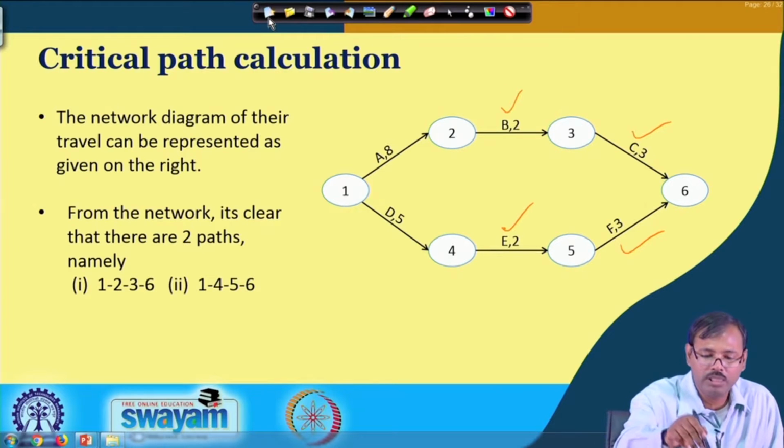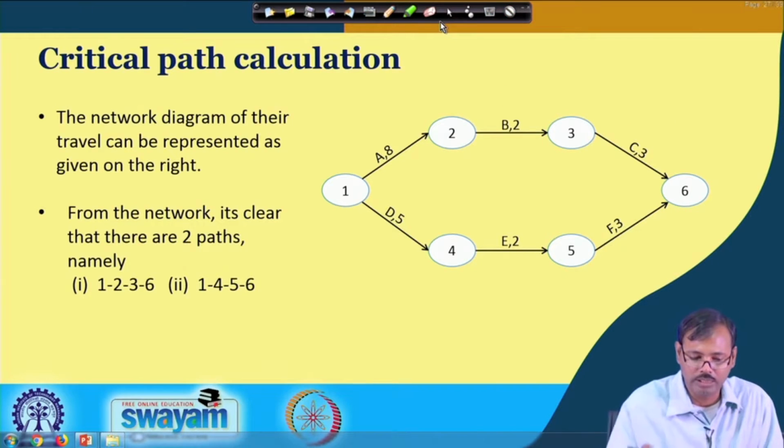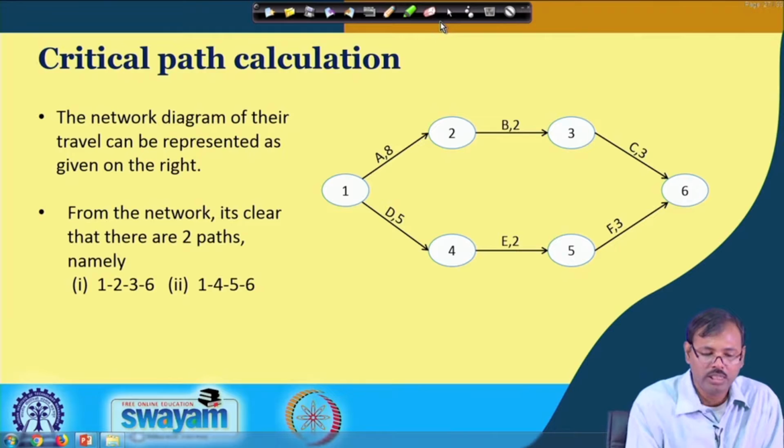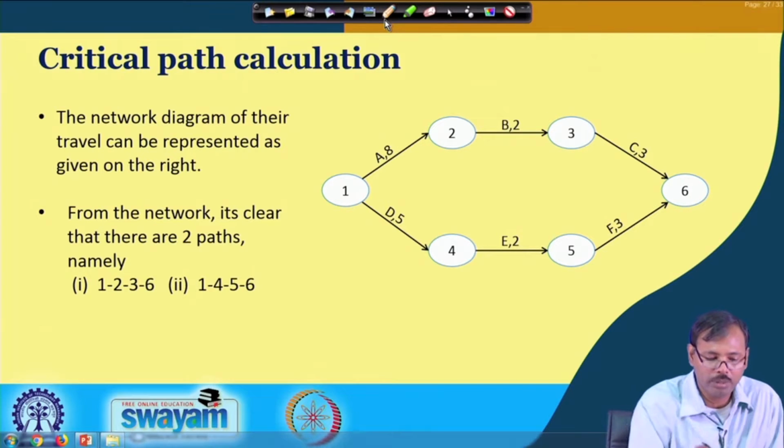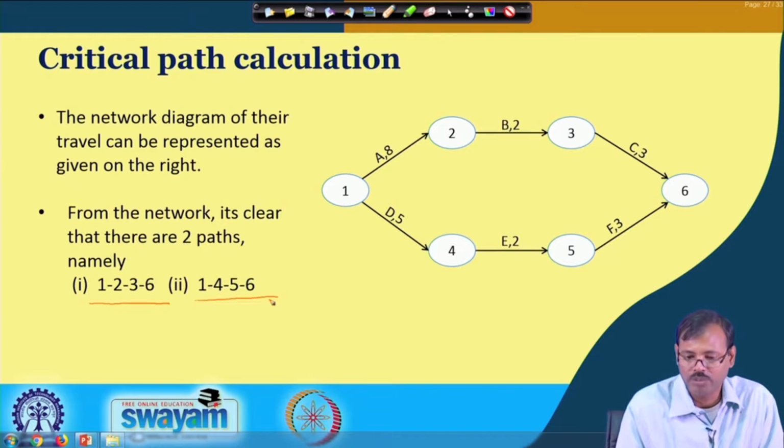The same is depicted in this network, and you can find out the two available paths are 1, 2, 3, 6 and 1, 4, 5, 6.